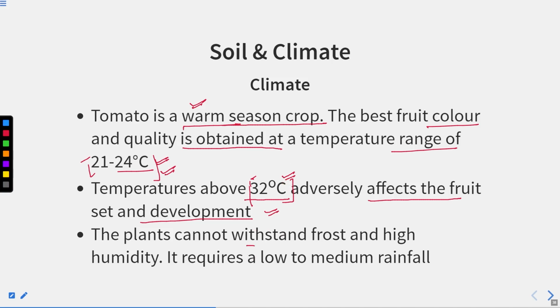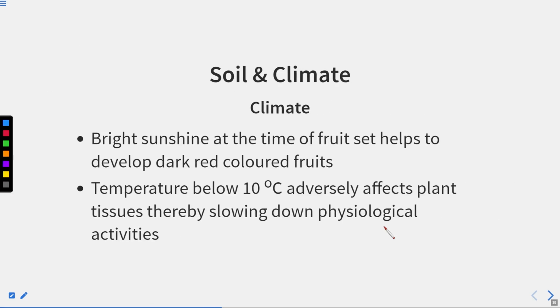The plant cannot withstand frost and high humidity. So high humidity is not required, and even frost conditions the plant cannot withstand. It requires low to medium rainfall for better growth.